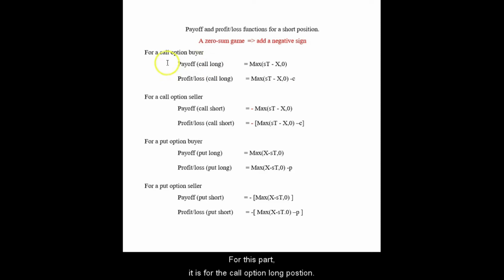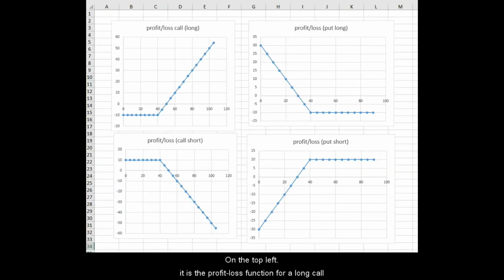For the call option long position, for the short position we add a negative sign to the payoff, and to the profit loss. For the put option long position, for the short position we also add a negative sign. That's it.